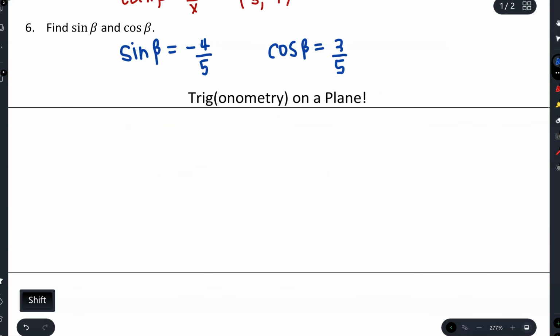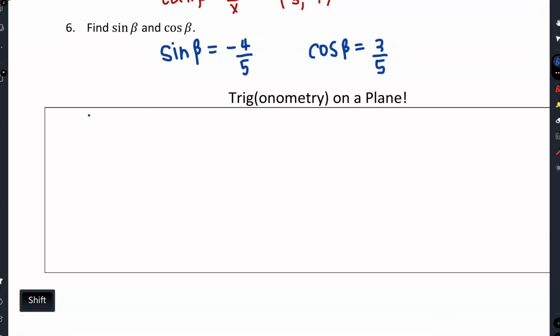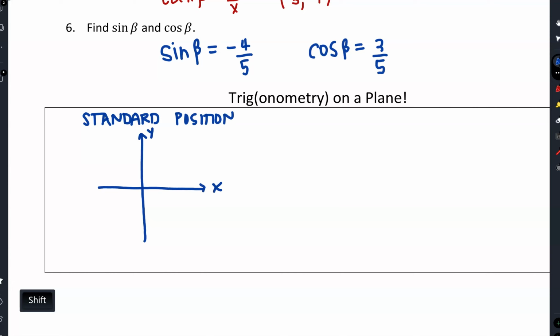All right, so let's now define that in terms of coordinate system. So standard position just means that anytime it says standard position, the angle is opening from the x-axis and opening counterclockwise. Okay, so it's going to open along the x-axis. Let's just say, so here's my angle.